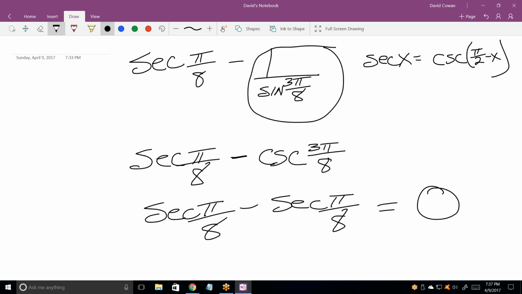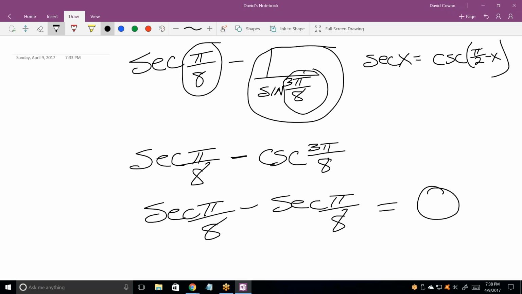Understand? Okay. What else? In other words, the key to recognizing the solution to these problems is to see that that plus that is 90 degrees. And if it is, then it's probably using the cofunction property.